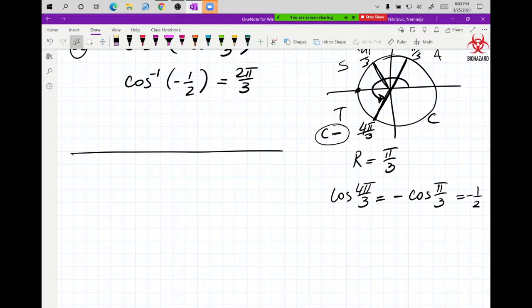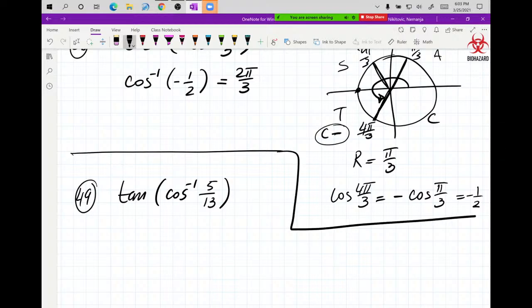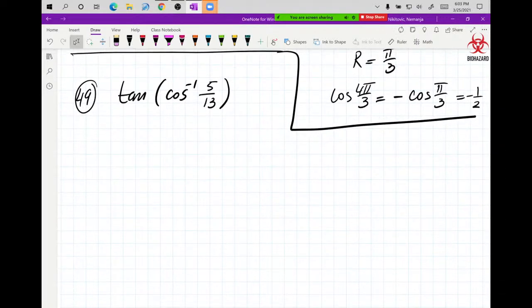So let's take a look at these types of problems. Let's say you have something like this, 49. It says tangent of inverse cosine of 5 over 13. So how do we solve this problem?